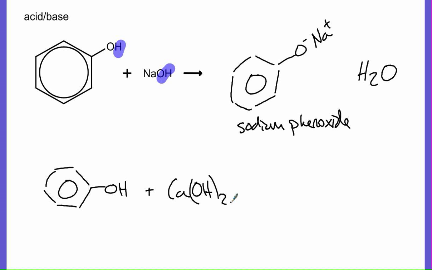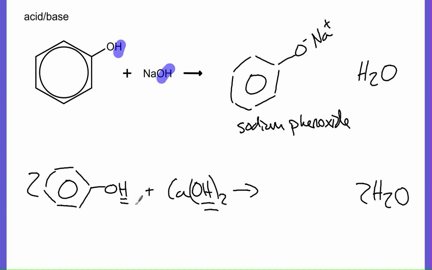If I have a calcium hydroxide with my phenyl, I'm still going to make a water. But since there are two hydroxides, I should actually make two waters, which means I'm going to need two of my phenols for this reaction to work. So I can have two hydrogens to make those two waters when it's all said and done. So you have to balance it appropriately.